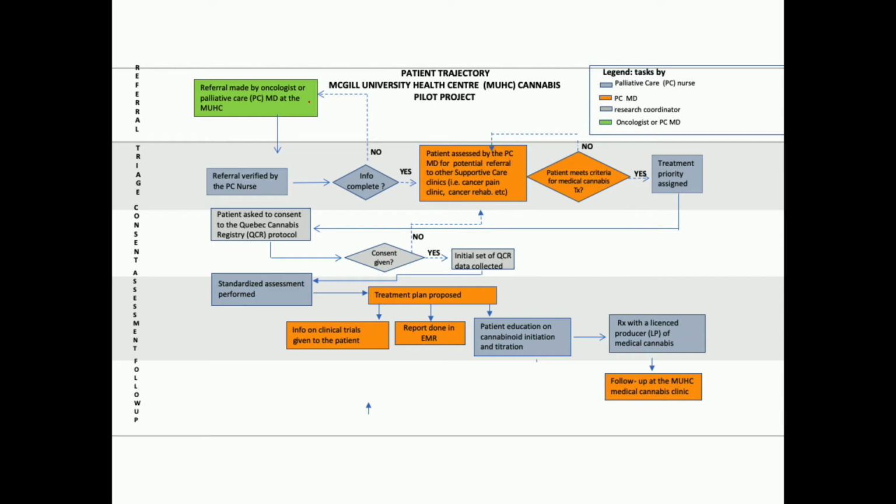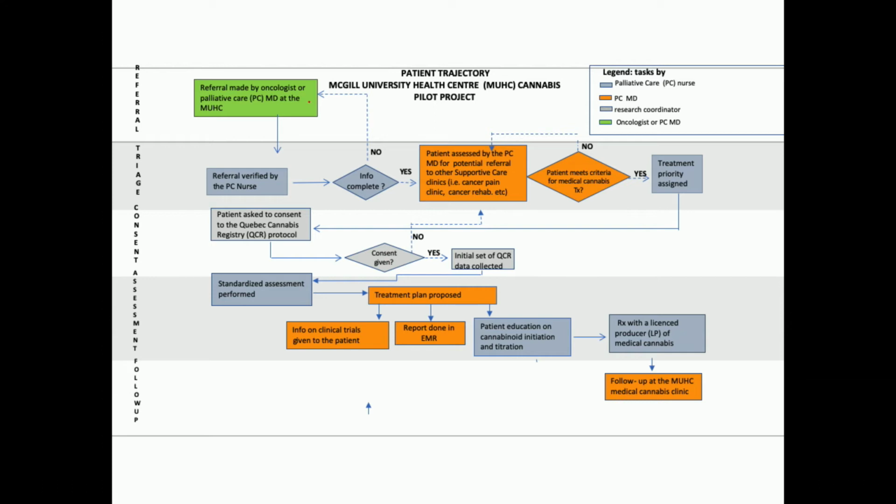Now, we were still in the phase where the Collège des médecins required participation in a research protocol, and we were also leading the Quebec Cannabis Registry.